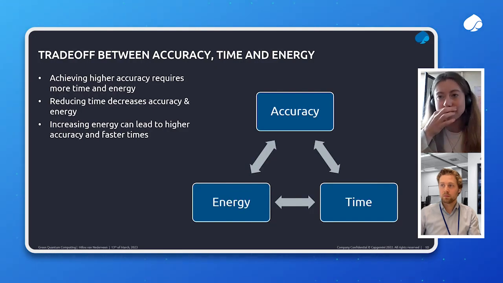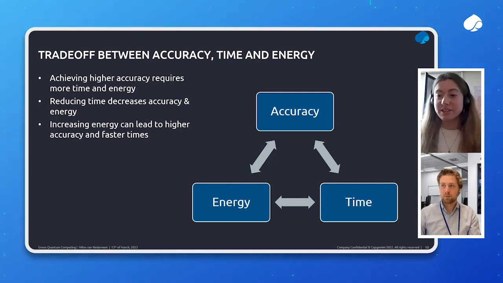What is important here is that previously we had this relation between accuracy and time for quantum computers. Running a quantum algorithm for longer will increase the accuracy, and using it for a shorter amount of time will decrease the accuracy. So there's a clear relation between those two.